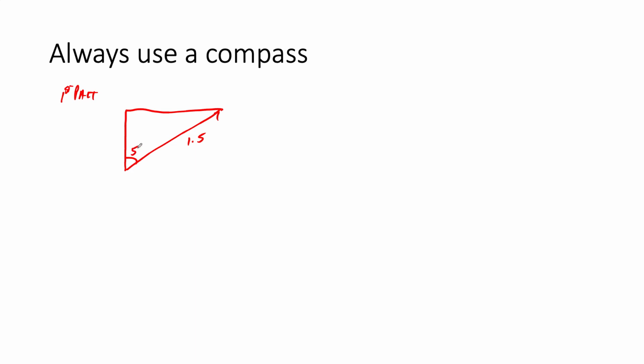This is 55, and of course we're going to find x and y. So sine of 55 is equal to the opposite, which is in my case y, over 1.5. So to figure out my y, you take 1.5 times the sine of 55 degrees.